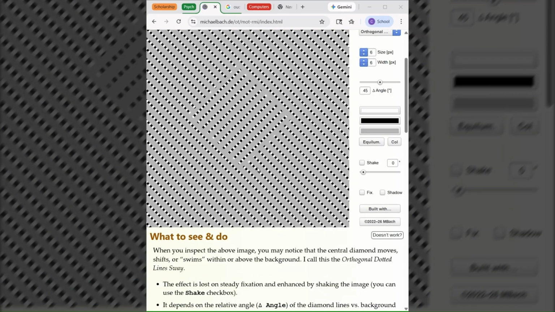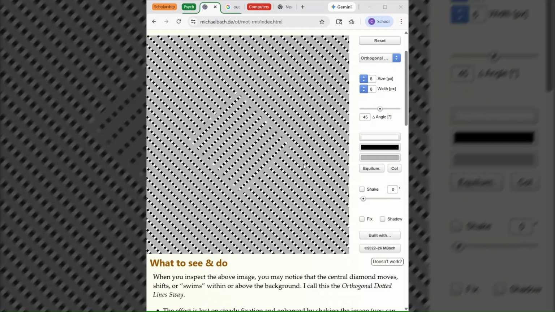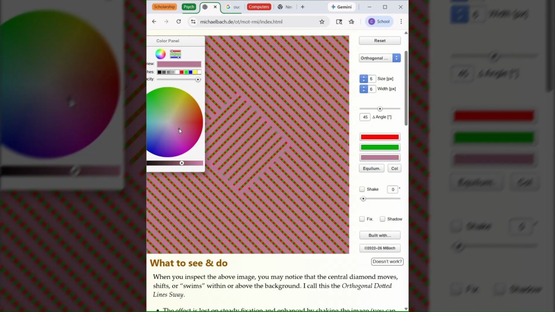So, in summary, the orthogonal dotted line sway illusion works because a few things in your visual system get tricked at the same time. First, those tiny dots right here fire up motion detectors in your brain. Then the vertical and horizontal patterns, like I said, send mixed signals that don't quite line up.